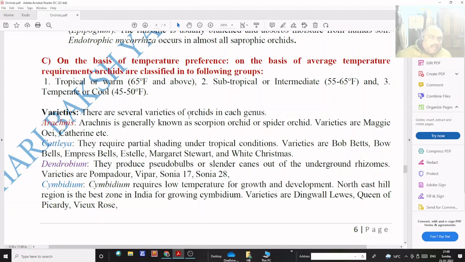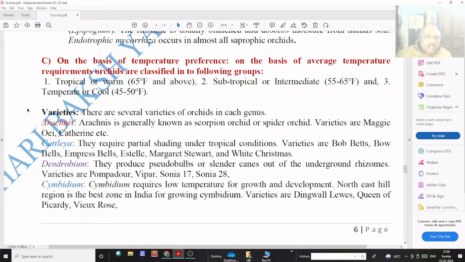They are classified as tropical orchids. Some prefer a mild climate, mild temperature. They are classified as subtropical or intermediate types. And some prefer a cool climate. They are known as temperate orchids.